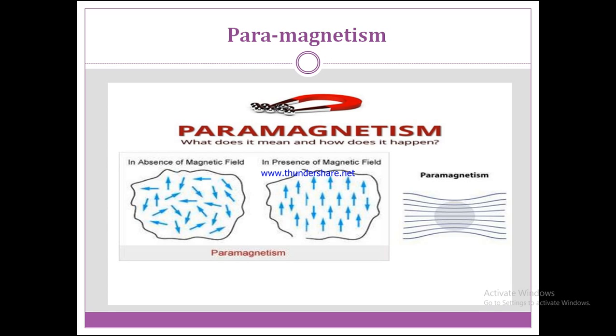Paramagnetism is produced in many materials like aluminum, calcium, titanium, and alloys of copper. Because of that, these have the properties of paramagnetism.